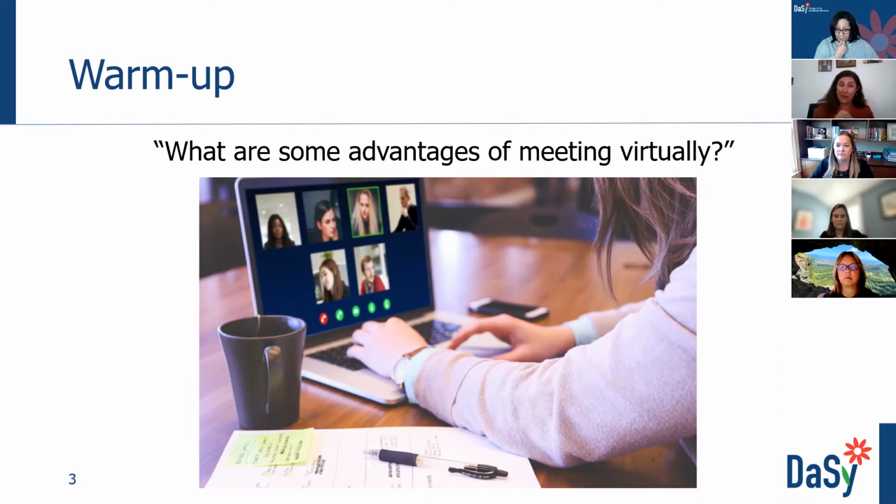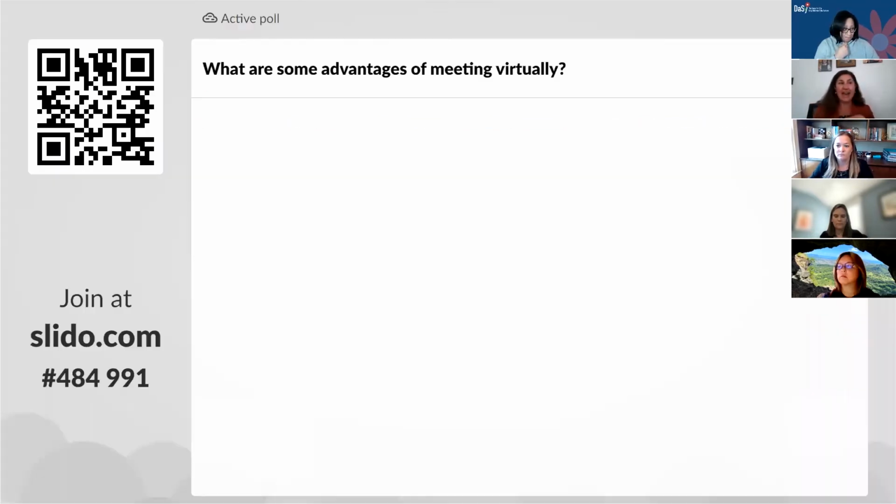It's called Slido. And I'm going to ask that you take your cell phone and put your camera on. I'm going to do this with you. And aim your cell phone camera at the QR code that you see on the screen.